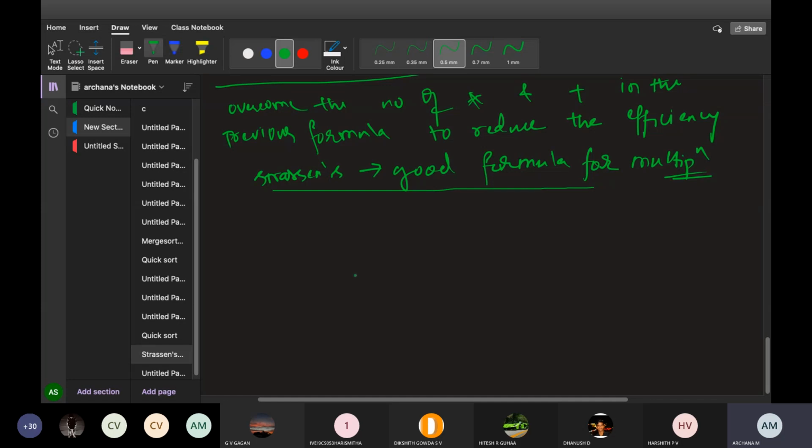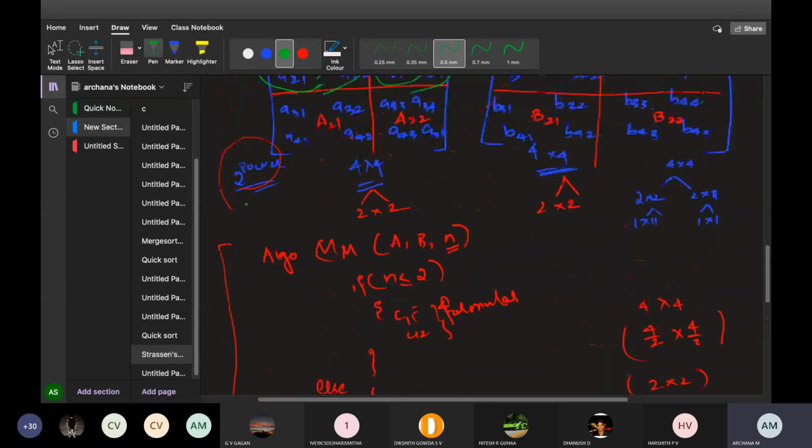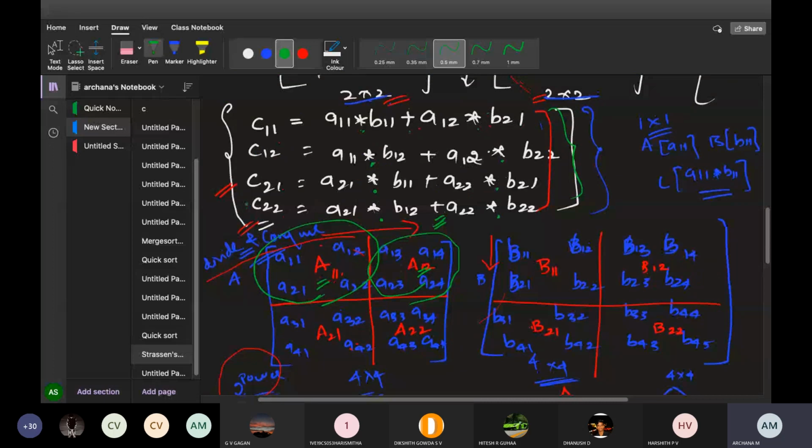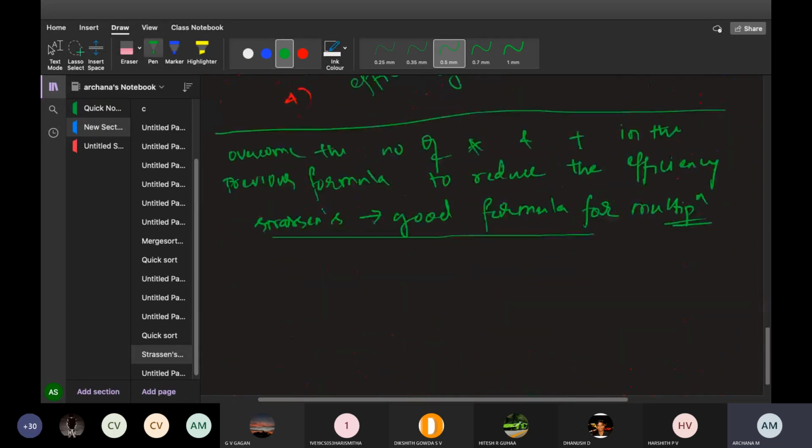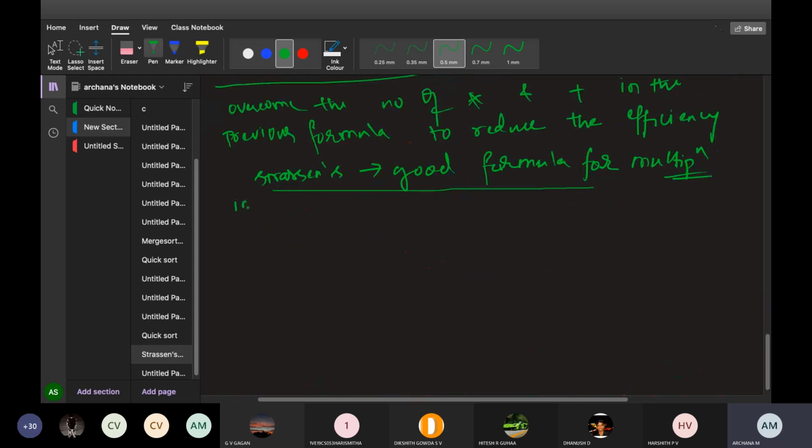We will see what the formula is, and these are all inbuilt formulas. We cannot change them, whatever Strassen has given. Look here, you have this formula: 8 multiplications and 4 additions in the previous formula.